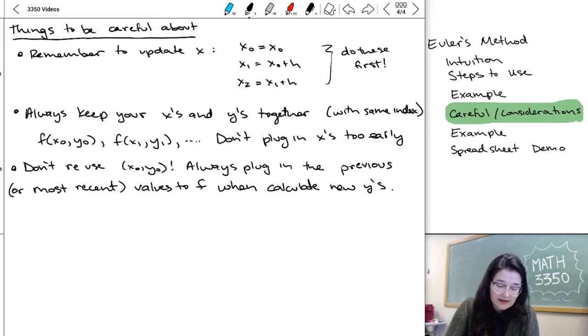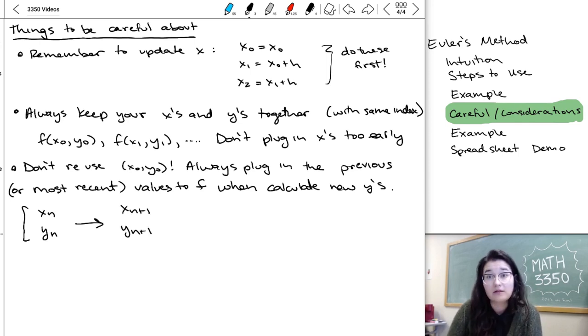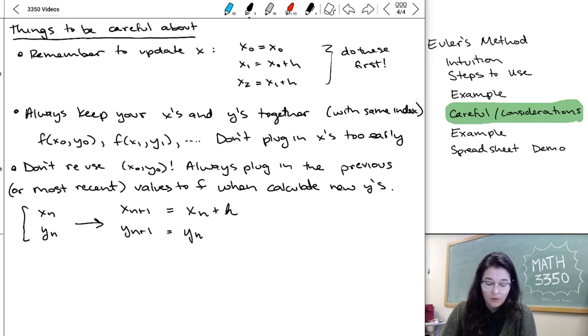A generic way you could write this down is that if you already have some xn, yn, like my x1, y1, then when I'm going to my next ones, xn plus 1, yn plus 1, that's my x2, y2, it's going to be the previous x plus step size, so that's like x1 plus h, and the previous y, so that's like y1, plus h times f evaluated at those previous values.